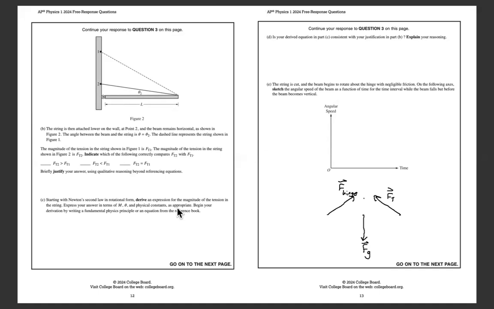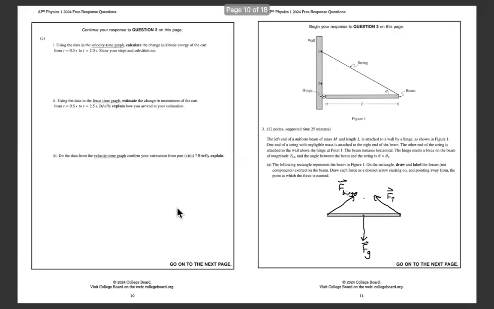All right, you now attach it lower to the wall, and what you're asked is, wait, hold on. The other end is attached, the beam remains horizontal.